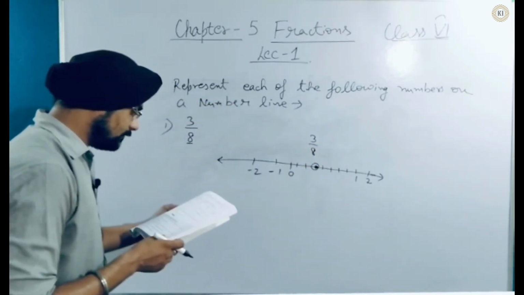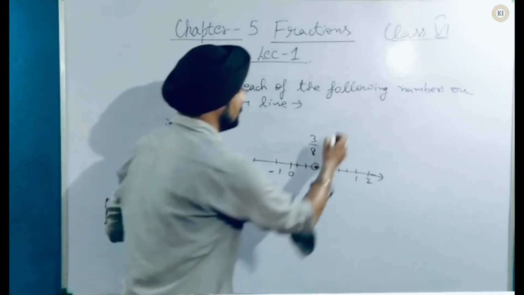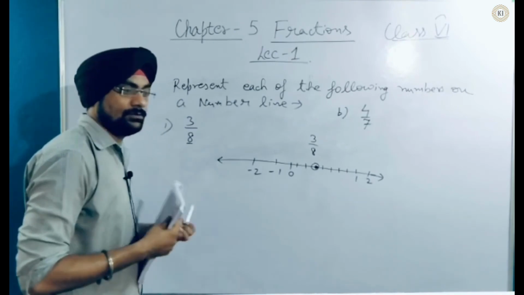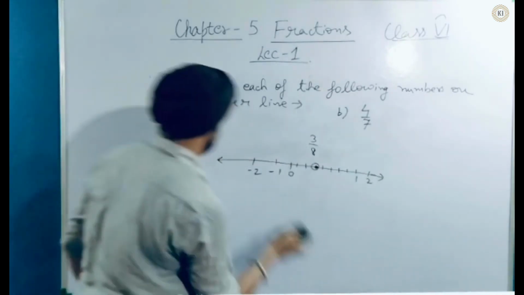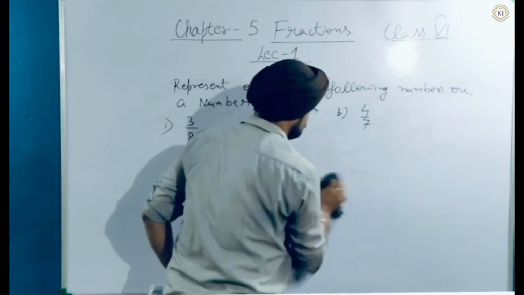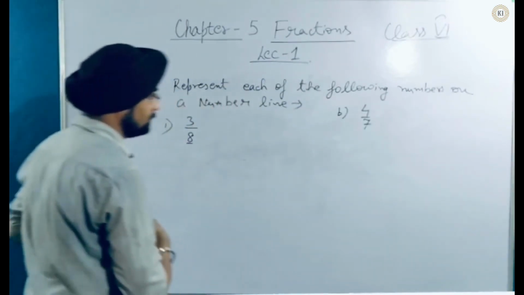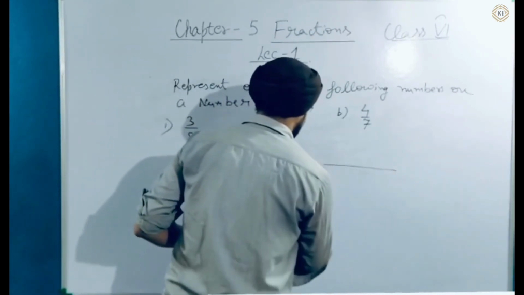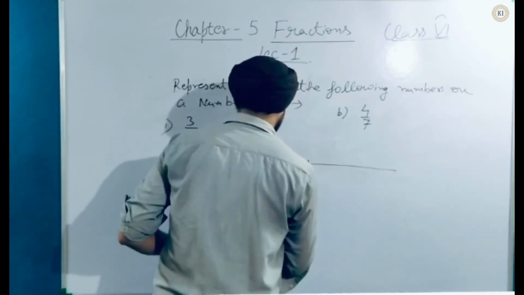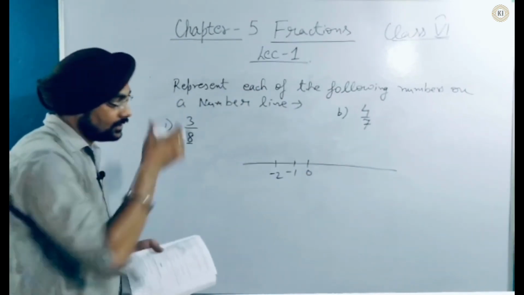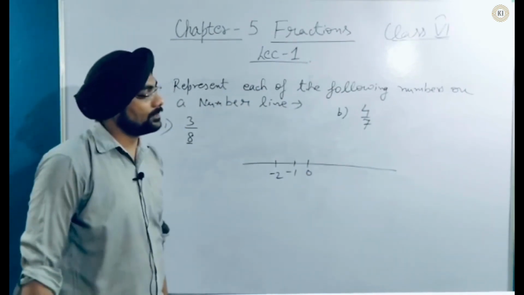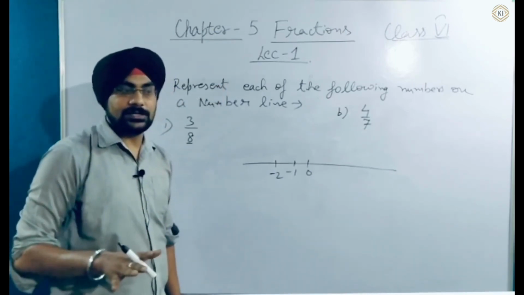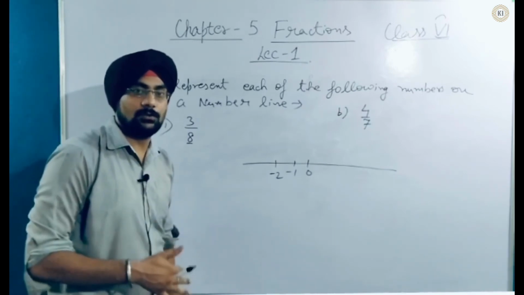Second question: if we want to represent 4 upon 7 on a number line, again draw a number line here, middle part 0, this side some negative values and this side the positive values. Now 4 upon 7 is again a proper fraction, and I have told you that whenever you represent a proper fraction, the value will always come between 0 and 1.